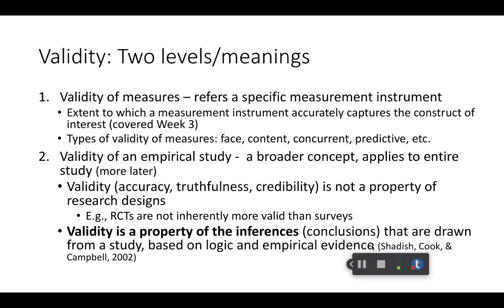So it's not that some research designs are more or less valid than others. For example, randomized controlled trials are not inherently more valid than surveys. Validity is a property of the inferences or conclusions that are drawn from a study based on logic and empirical evidence. It's a very important idea.